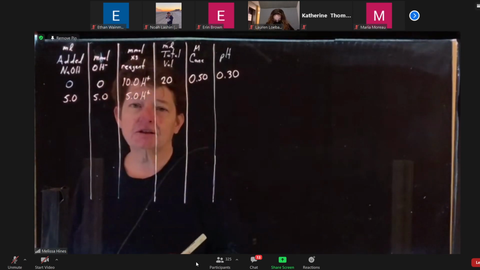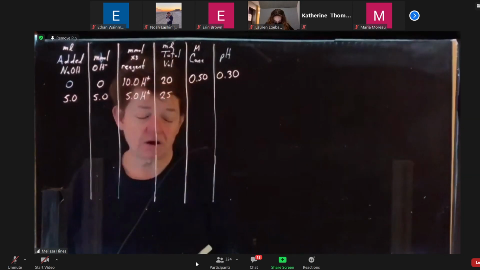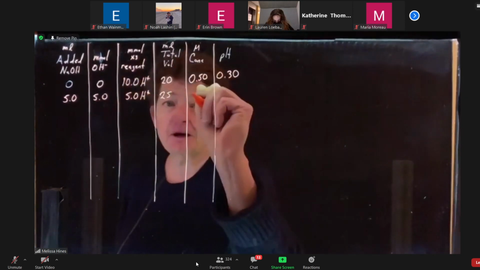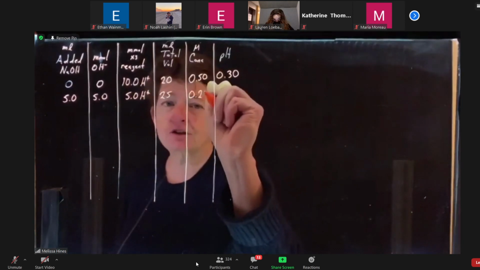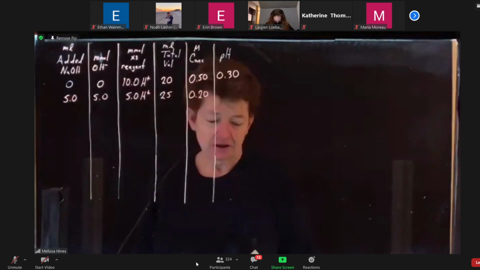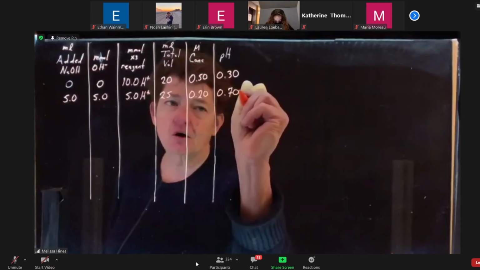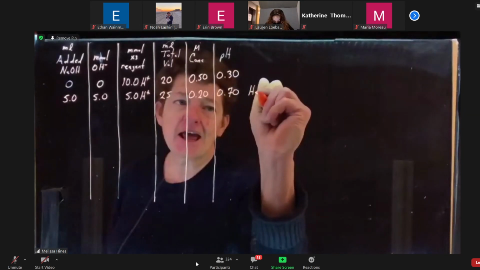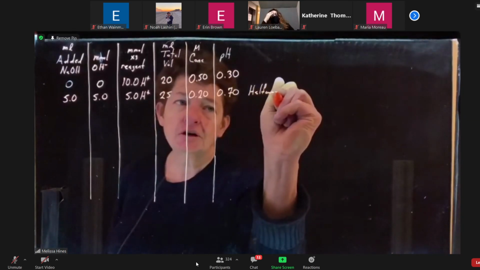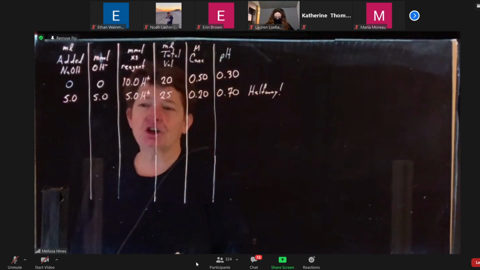So H plus is still my excess reagent, and now I have a total volume of 25. When I plug this into my calculator, my concentration comes out at 0.20 molar H plus, which gives me a pH that is going to be 0.70. So notice I am halfway through my titration. My pH has barely changed.